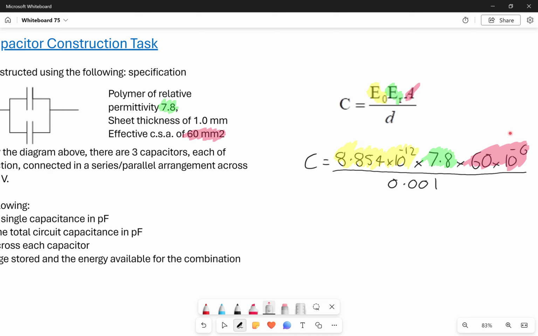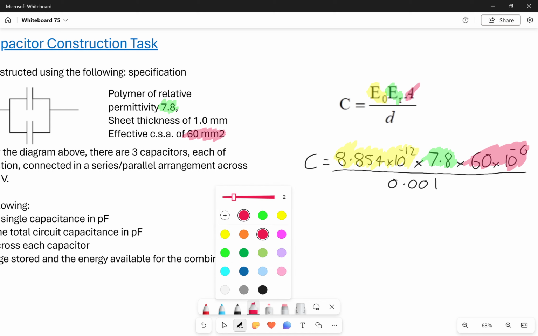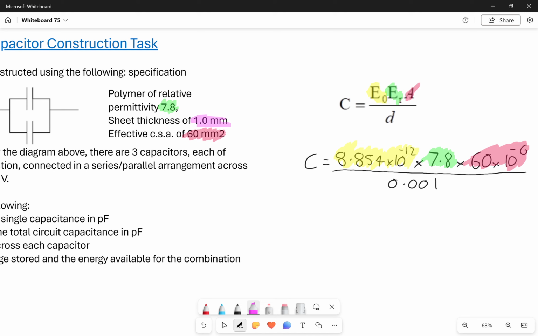The last value we're going to have a quick look at is the distance between the plates, and this distance has been given to us as a sheet thickness, which is exactly the same. It's effectively the distance between the plates, or the thickness, and this is the d at the bottom, and you can see again we've divided this by 1,000 to convert it from millimeters into meters.